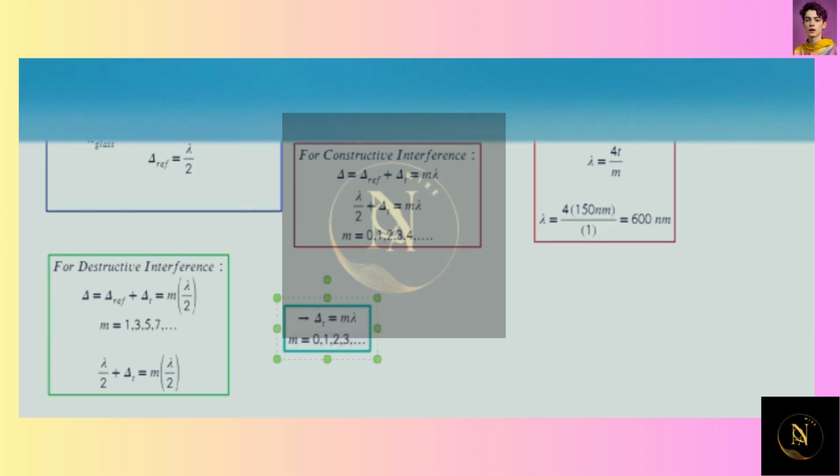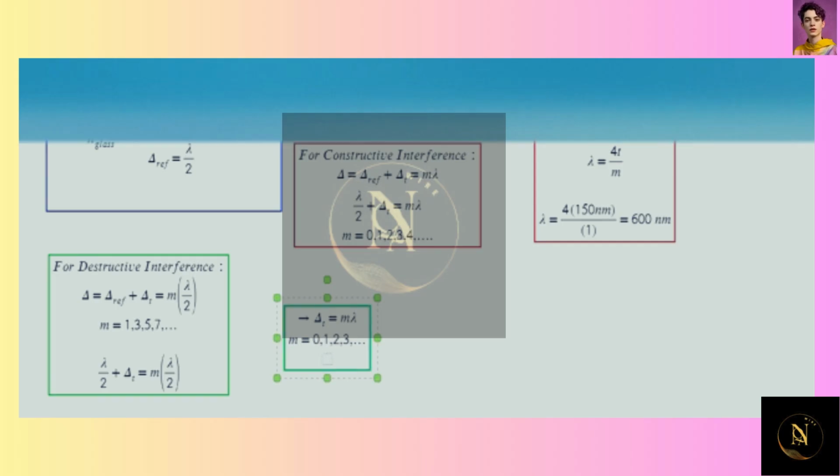So just the regular integers here, 0, 1, 2, 3, etc. So this m is not to be confused with this one. Okay, so if delta t is some integer multiple of lambda added with lambda over 2, we're going to get an odd integer multiple of half wavelengths here. So that's why we're changing m here with respect to this delta t.